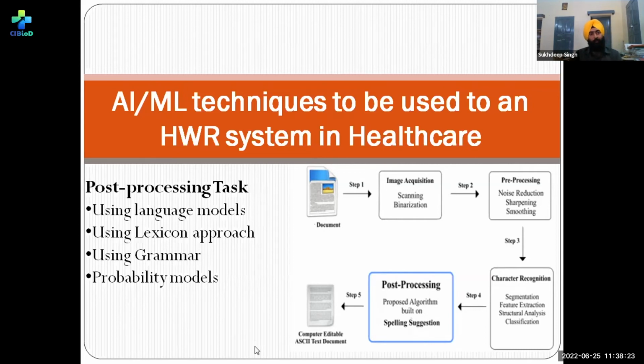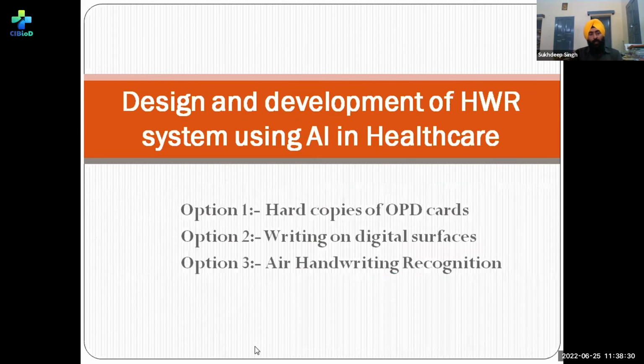So these are the various steps that we have to perform to develop an HWR system in healthcare. Basically, we can develop three types of handwriting systems in healthcare. The first one is hard copy OPD cards. The second one is writing on a digital surface. And the third one is air handwriting recognition.